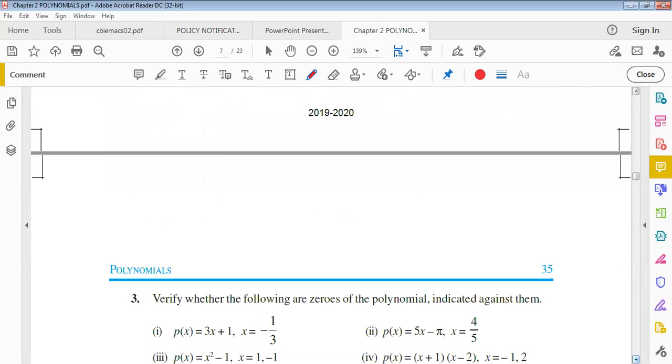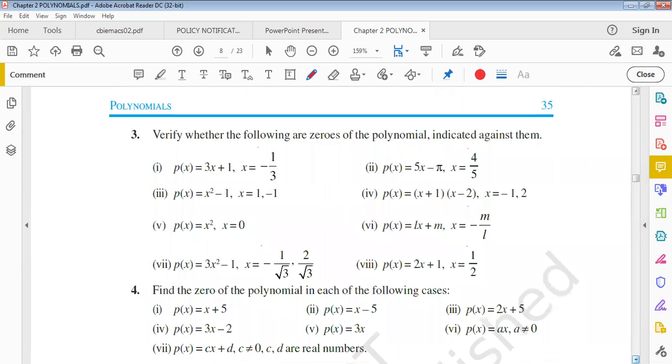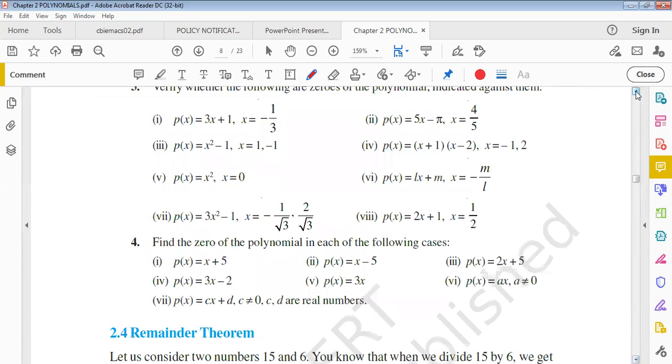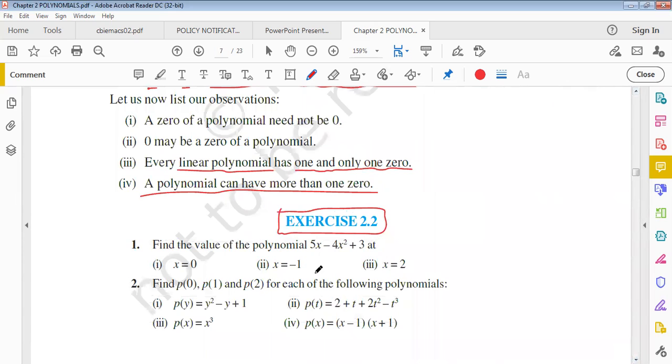If you are not able to find the solution or you feel any difficulty, please ask me in the discussion forum on the website, or I will discuss the solution of this exercise 2.2 in the next class.